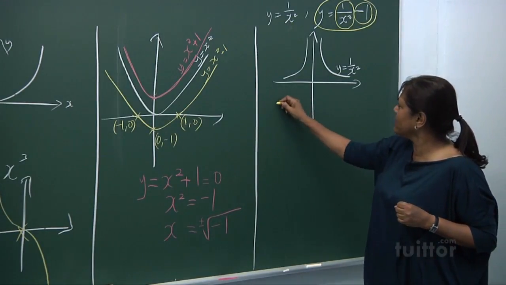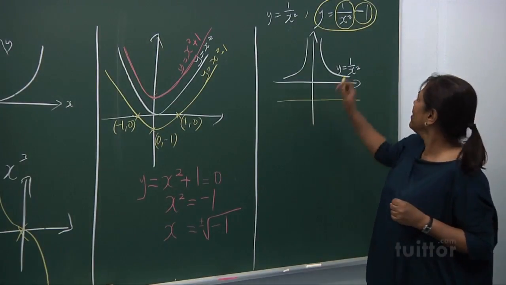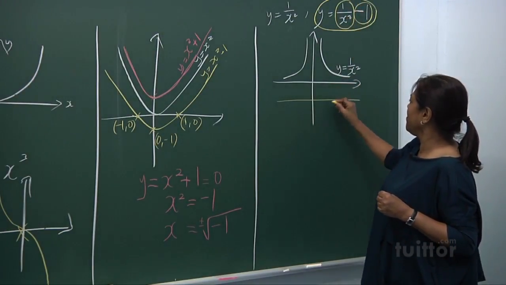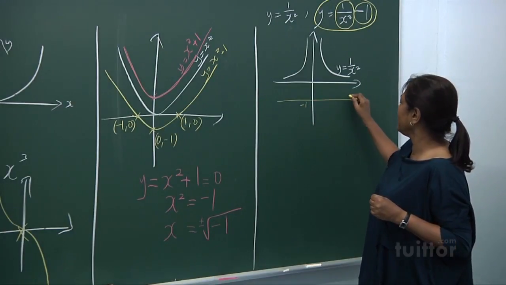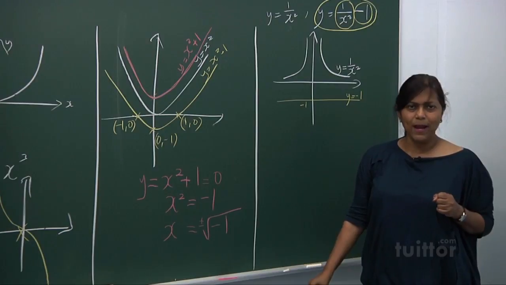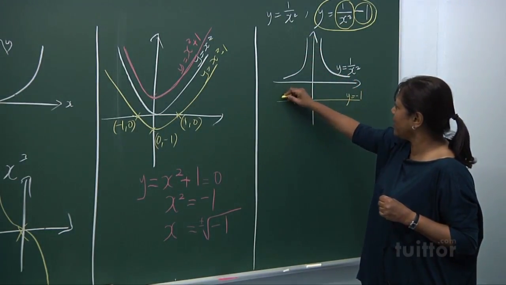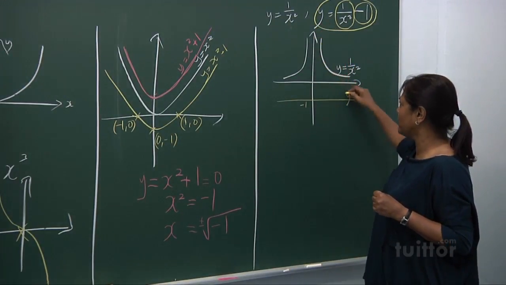So when you move it one step down, this is called the asymptote, the line y is equal to minus 1. Your graph is going to go downward and it's going to be this way. We're going to draw it.